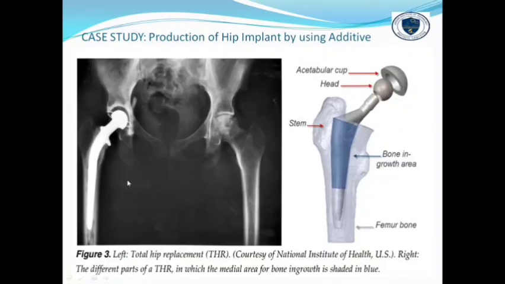This precision and lightweight implant fulfilled all the medical requirements, and the foundation was laid for the patient's successful recovery. Based on this, the result shows the importance of additive manufacturing in the medical sector.